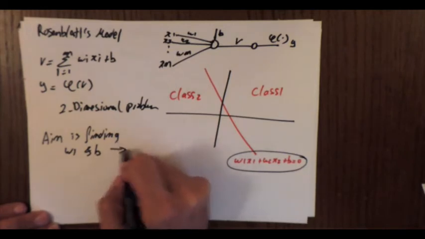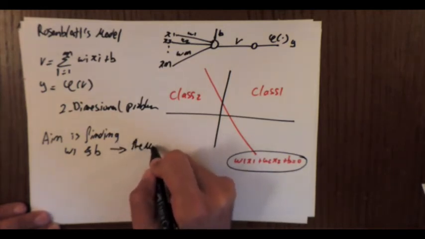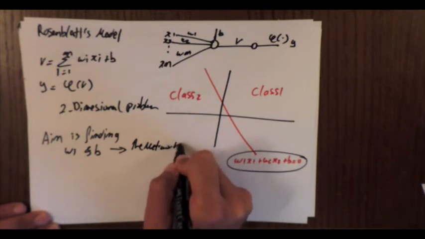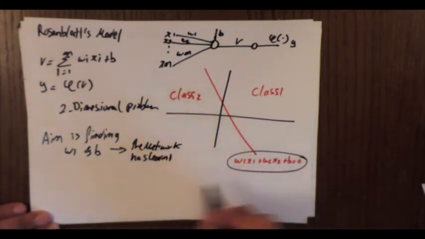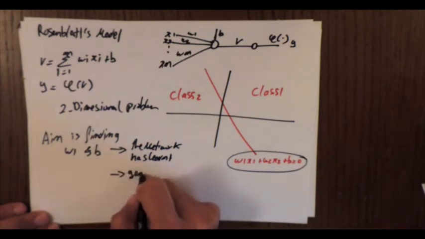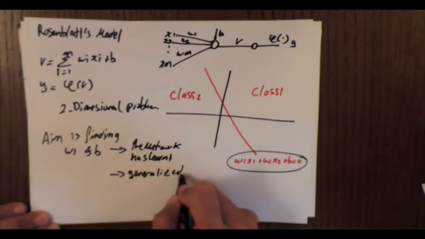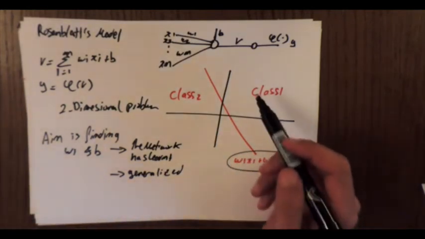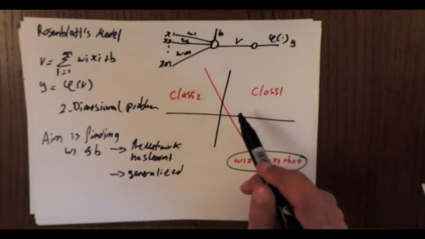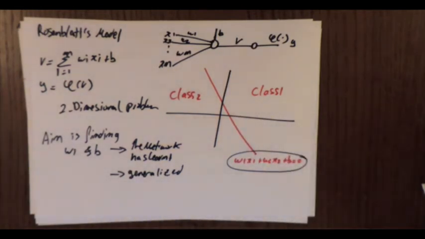This is when we say that the network has learned and generalized my data. Now if an input comes that it has never seen before, it knows whether it goes to class 1 or class 2.